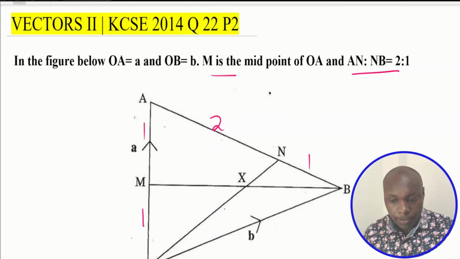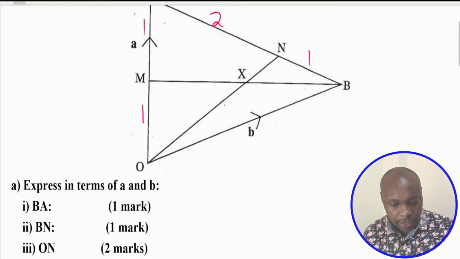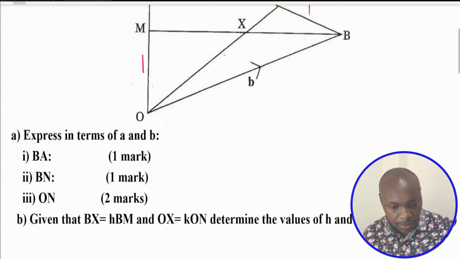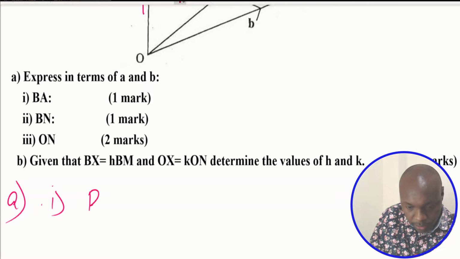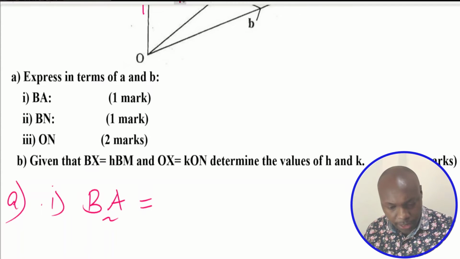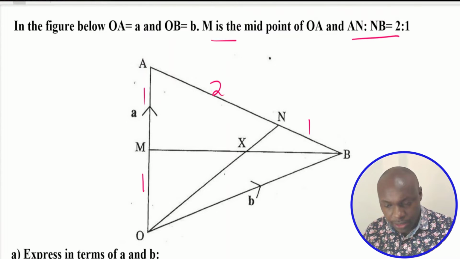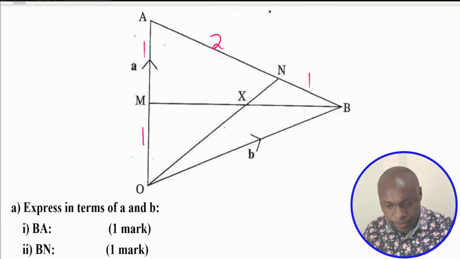Now we're going to begin with the first part, part A part 1, that is getting vector BA. So how do we get vector BA? In vectors, it's all about direction. So how do we move from B to A?